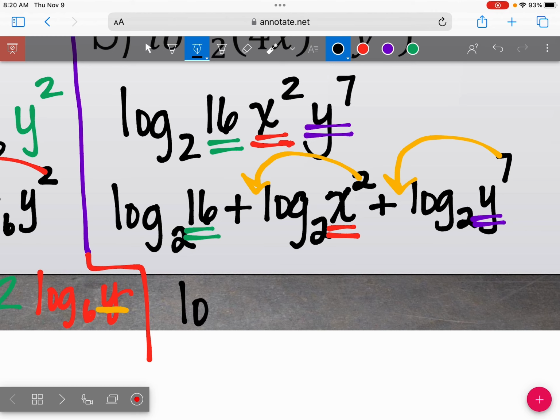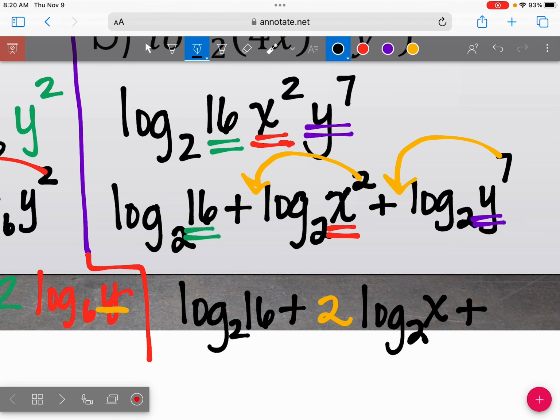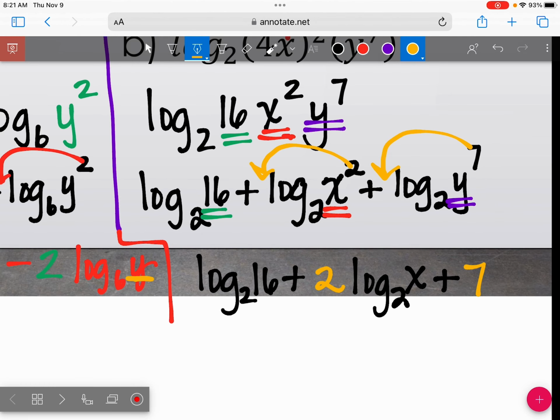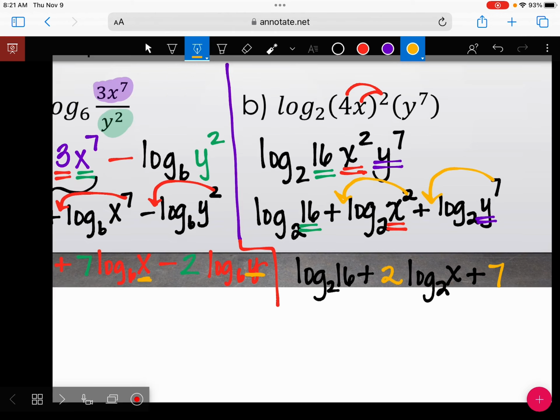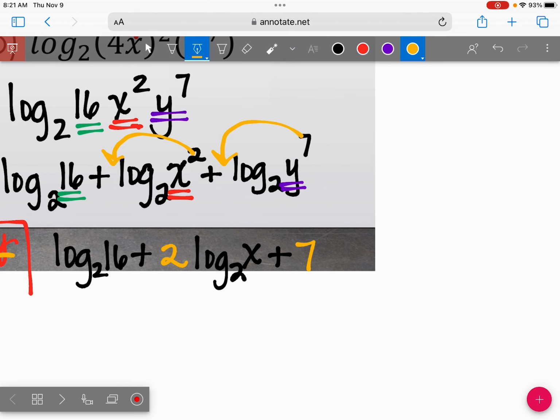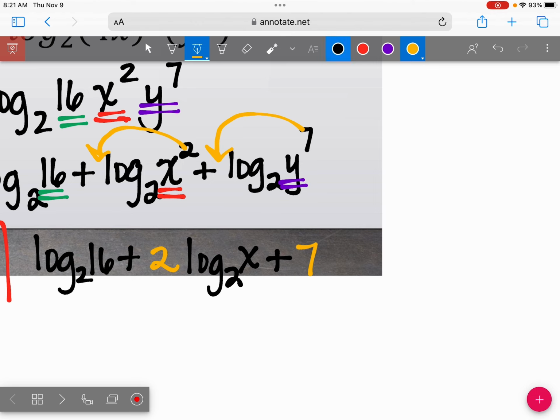So one of my answers would be log base 2 of 16 plus the 2 being multiplied by the log base 2 of x plus the 7 being multiplied by the log base 2 of y.